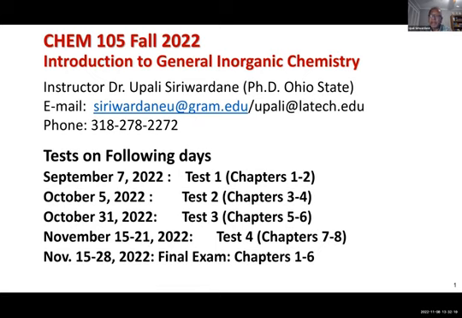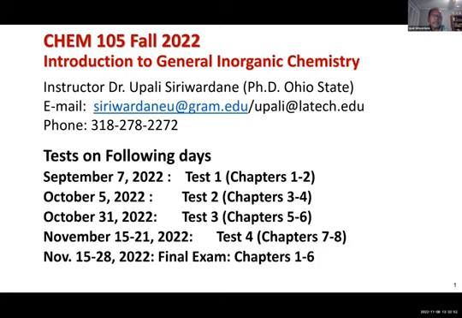I normally drop the lowest test score. If you have another lower score, you have to take test 4, so I can keep whatever you earn on test 4 as if it is not the lowest. I normally drop 1 test score out of 4.